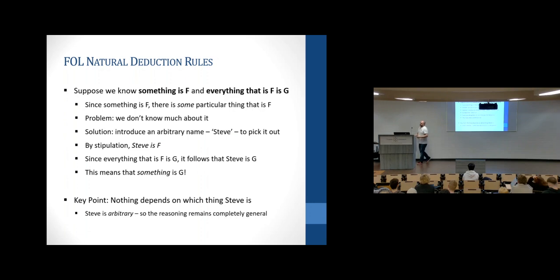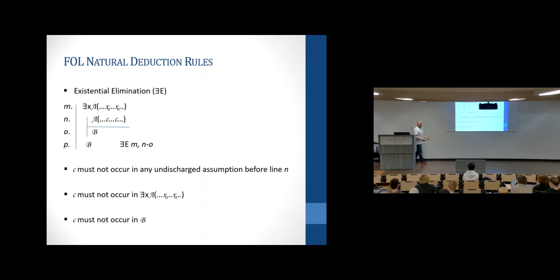So the rule will be a little bit easier to get a grip on after you've used it a few times, but the thing to remember is that it's always going to involve a subproof where you start with an arbitrary name, and the name you use needs to be gone by the end.